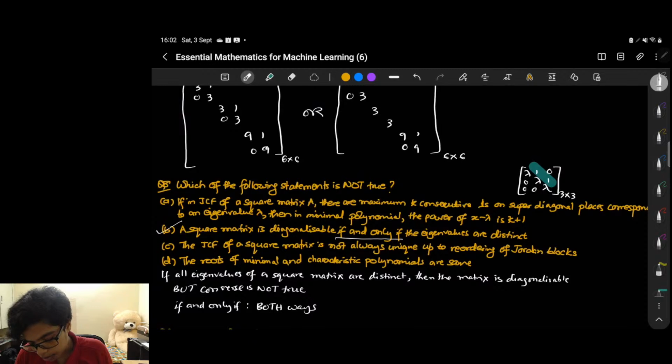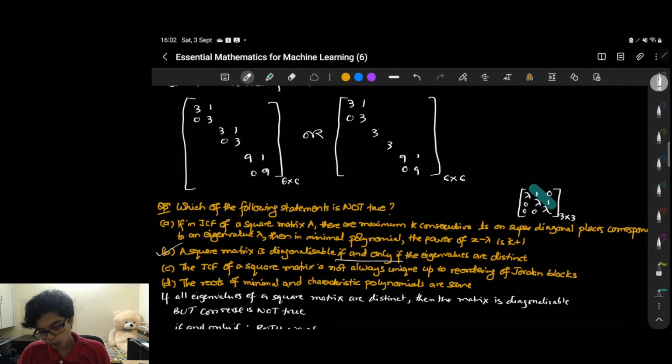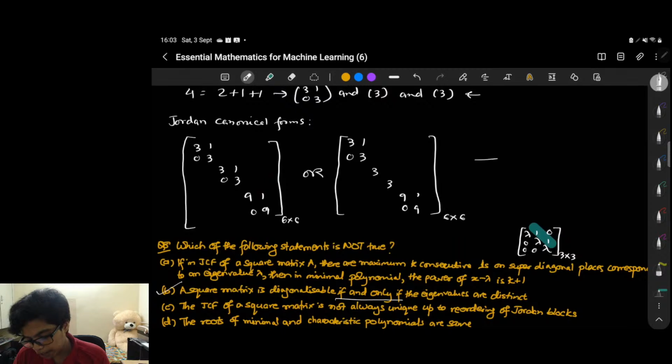And the other two statements are basically true. The Jordan canonical form of a square matrix is not always unique up to reordering. We saw it in this example over here. These two Jordan canonical forms are different from each other.